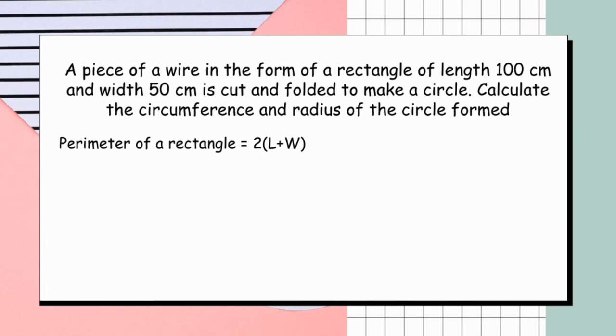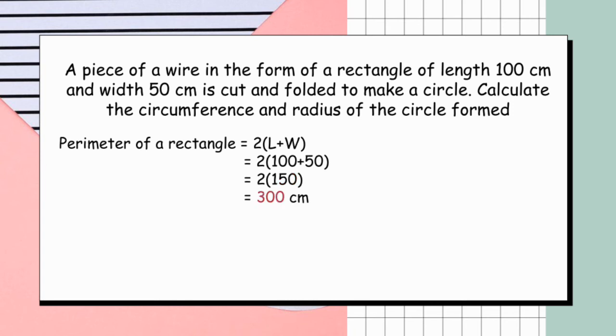Perimeter of a rectangle equals 2 times L plus W, 2 times 100 plus 50, 2 times 150. Therefore, the circumference of the circle will be 300 centimeters.